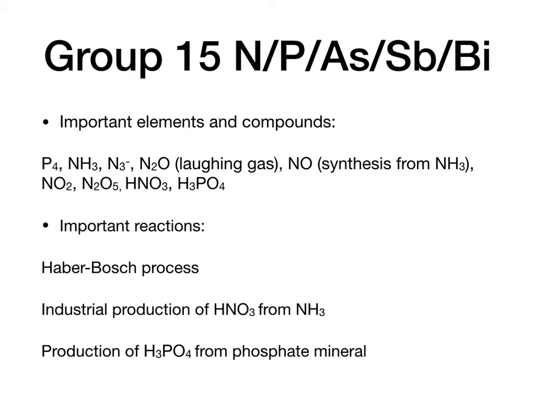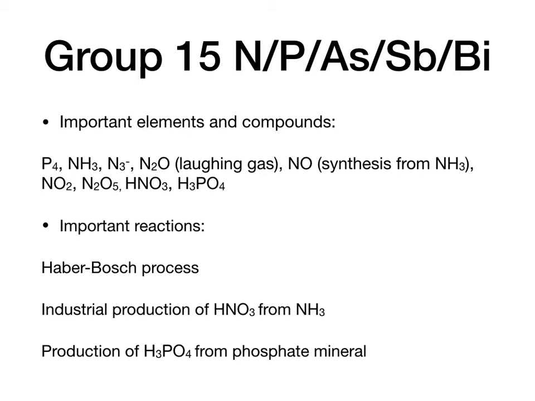Nitrous oxide is commonly known as laughing gas. It is used in dental anesthesia. Nitric oxide is prepared on an industrial scale by the oxidation of NH3. It is also a common pollutant produced during the combustion of gasoline in internal combustion engines.